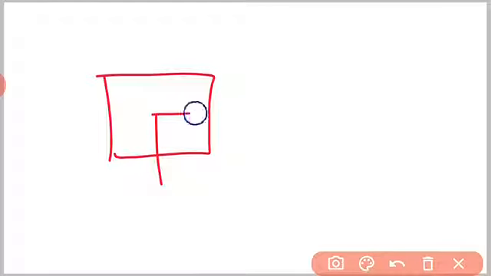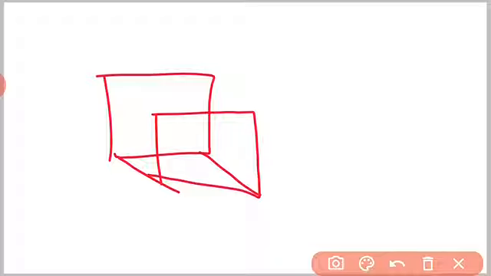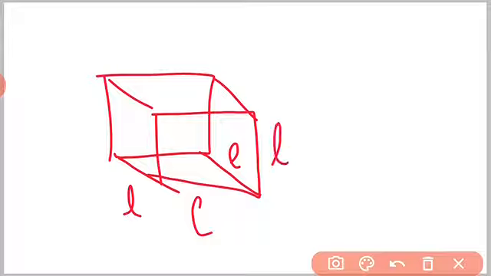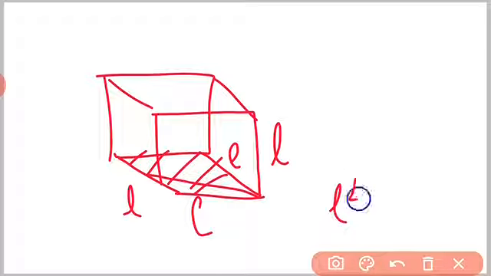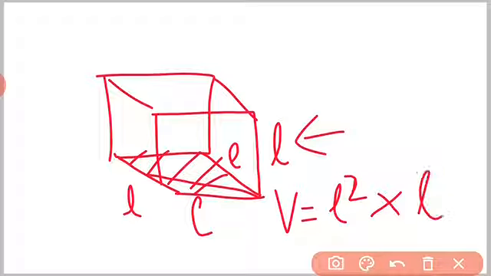In the case of cube, base is square shaped and all sides are equal, that is height, length, breadth all are equal. So area of the base is equal to L squared, and we multiply height to get the volume. So over here height is also L. So what is the volume of cube? It is L cube. So hope it is clear till here.